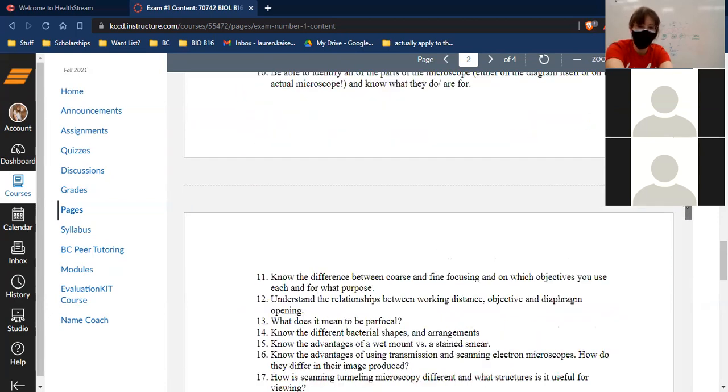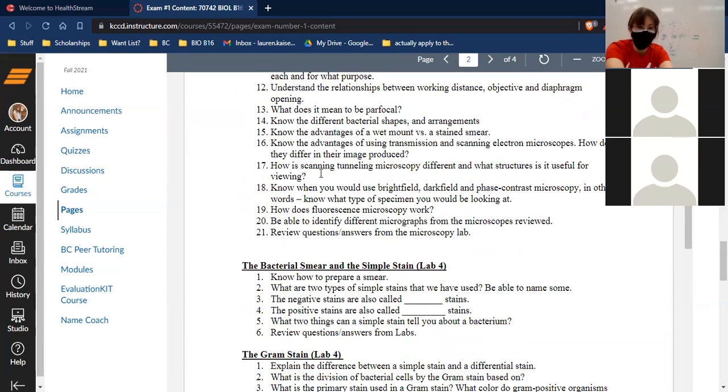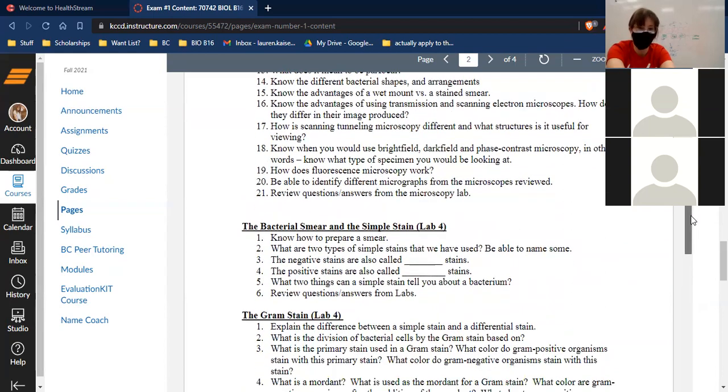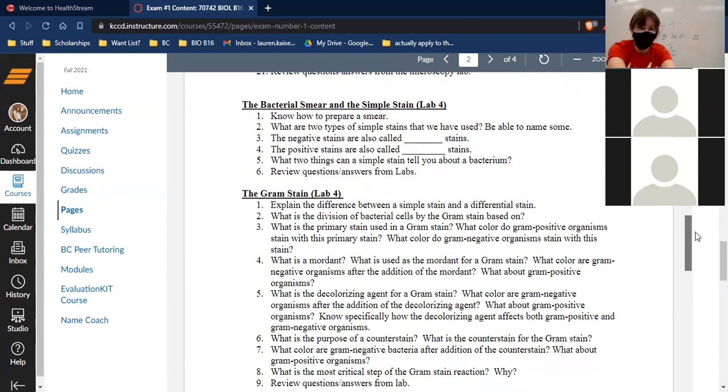There's going to be a lot of questions like, how are scanning and tunneling microscopy different, and what structures is it useful for in viewing? If you can answer these questions, no problem, you're going to have a relatively good time on that lab portion. It tells you the skills that you physically need to know.